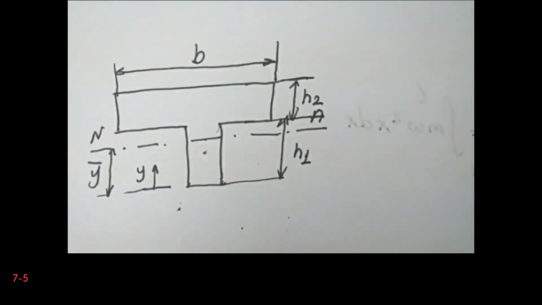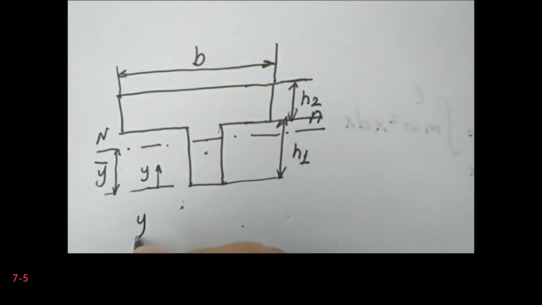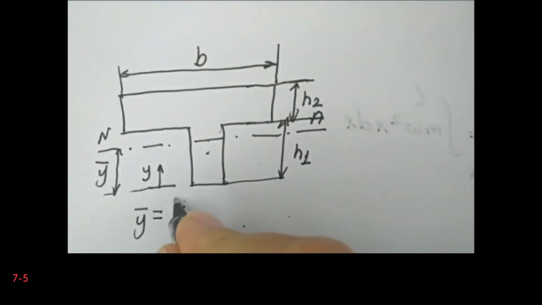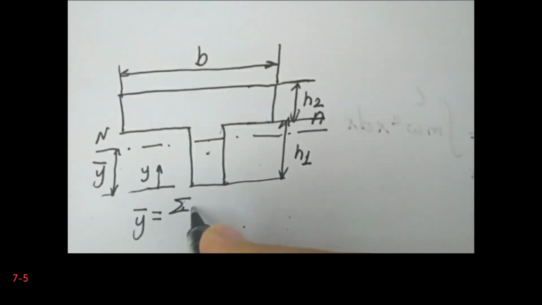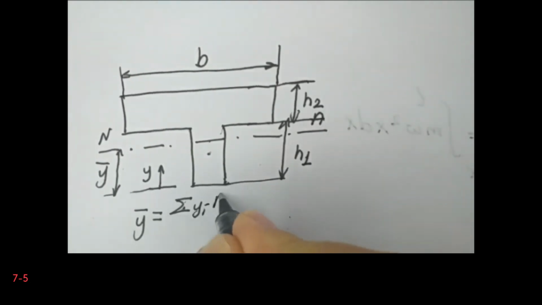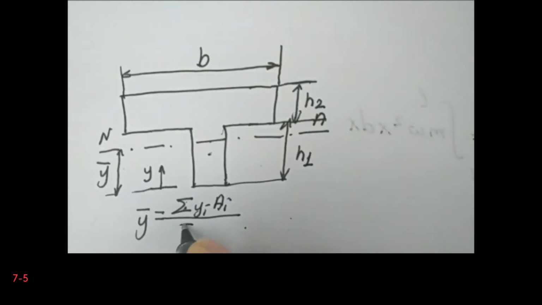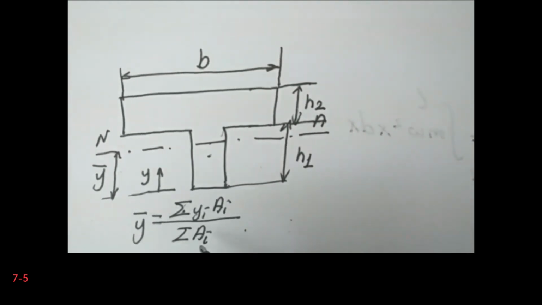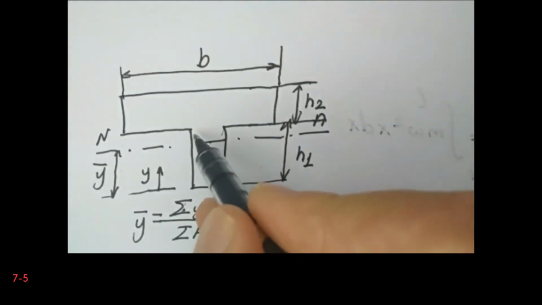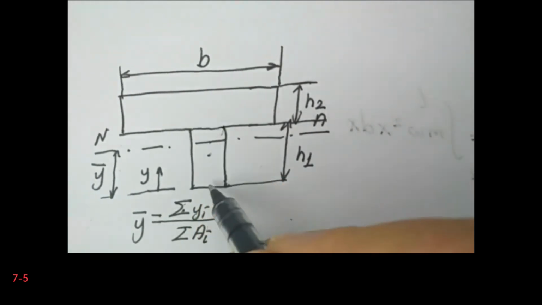In fact, y bar is equal to the sum of the moments of the areas divided by the total area of the cross section. I have two areas. One is the web and the second one is the flange.